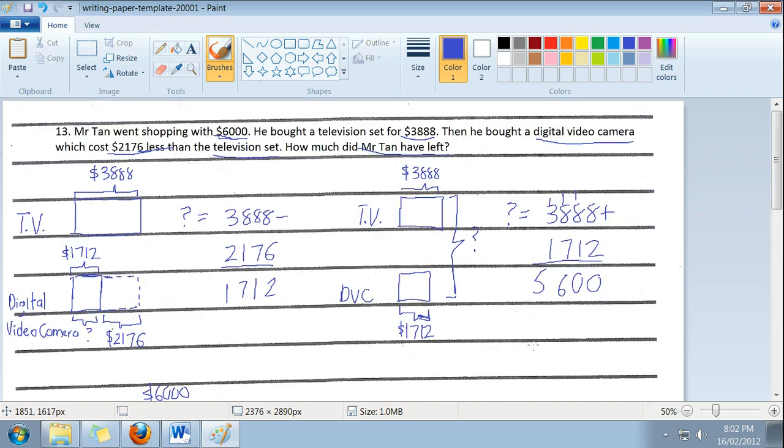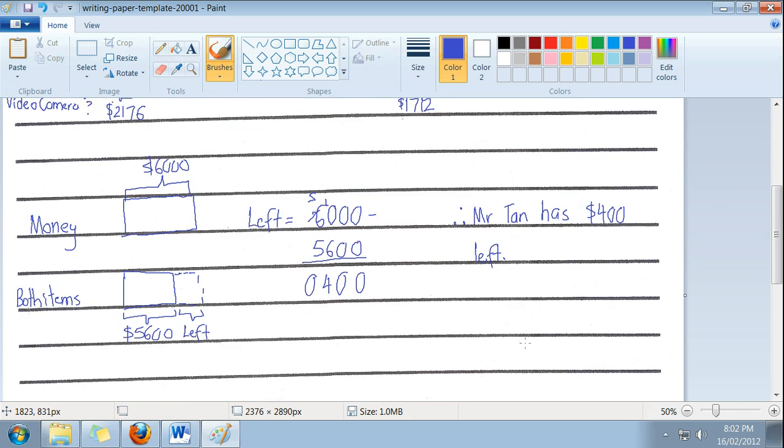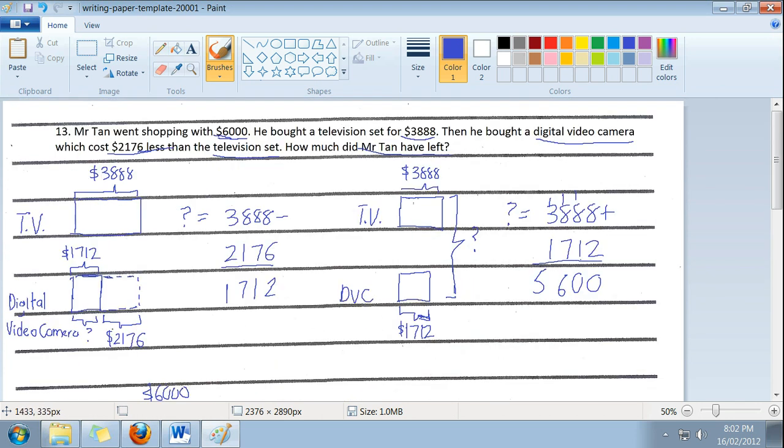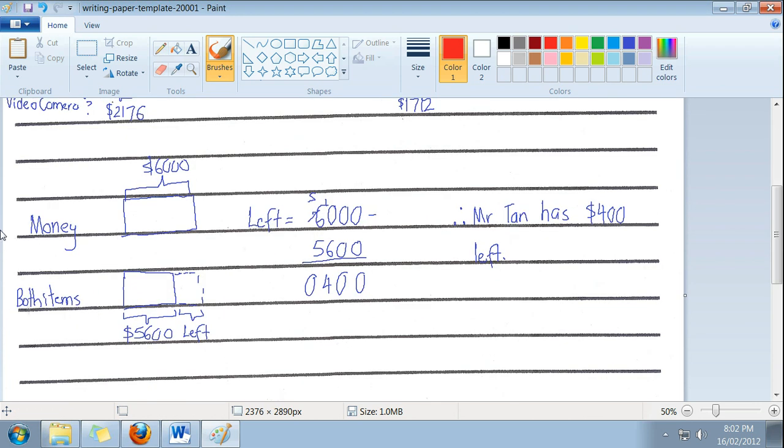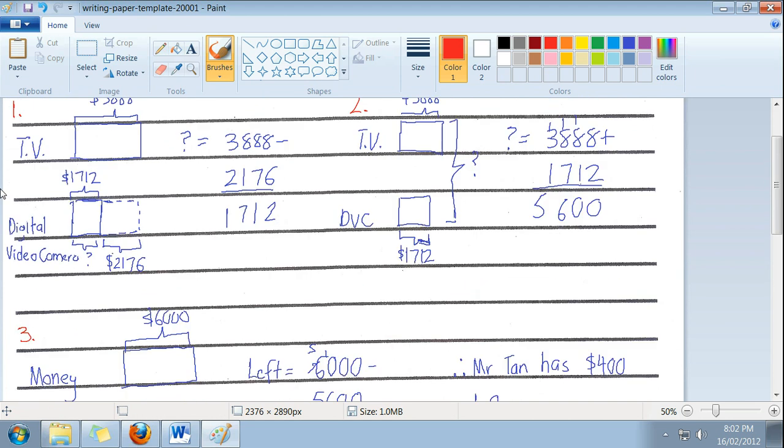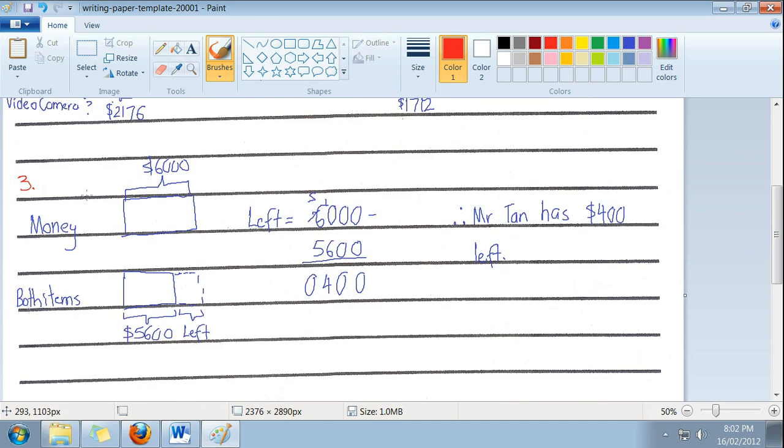Full stop. So this question actually involves, let me choose red, 1, 2, 3. 3 steps, okay? So I want you to think about that.